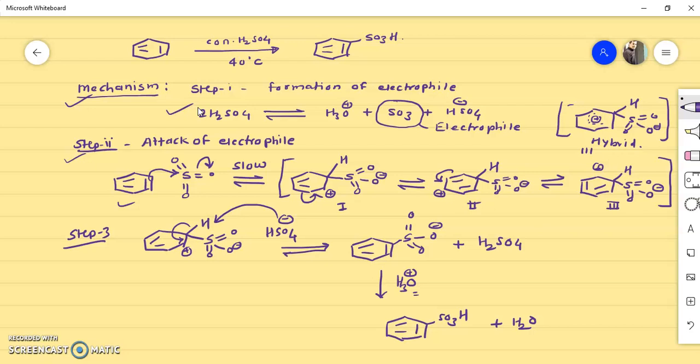Because due to the pi electron cloud inside this ring of benzene, this ring is electron rich, so that's why the benzene attacks the electron deficient sulfur to form this intermediate, and the intermediate which is formed is resonance stabilized, and finally this proton is abstracted and there is a formation of this benzene sulfonate ion which on protonation gives a final product. Now we'll see the examples of this sulfonation reaction.